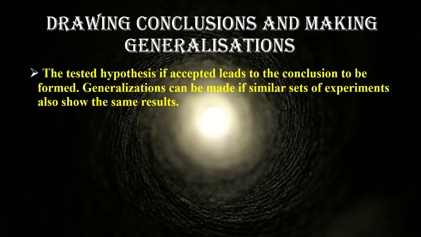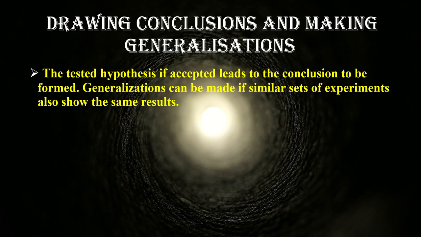Next step, drawing conclusions and making generalizations. The tested hypothesis, if accepted, leads to the conclusion to be formed. Generalizations can be made if similar set of experiments also shows the same result.